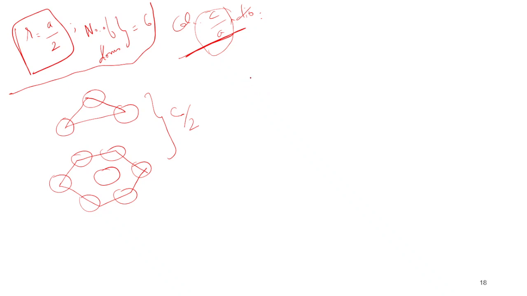If we have the top plane, then the trigonal, then the bottom plane, the height from the top plane to the bottom hexagonal plane is C. Whereas the height from the trigonal to the bottom, or trigonal to the top basal plane, is C by 2. So here we have taken the height as C by 2.